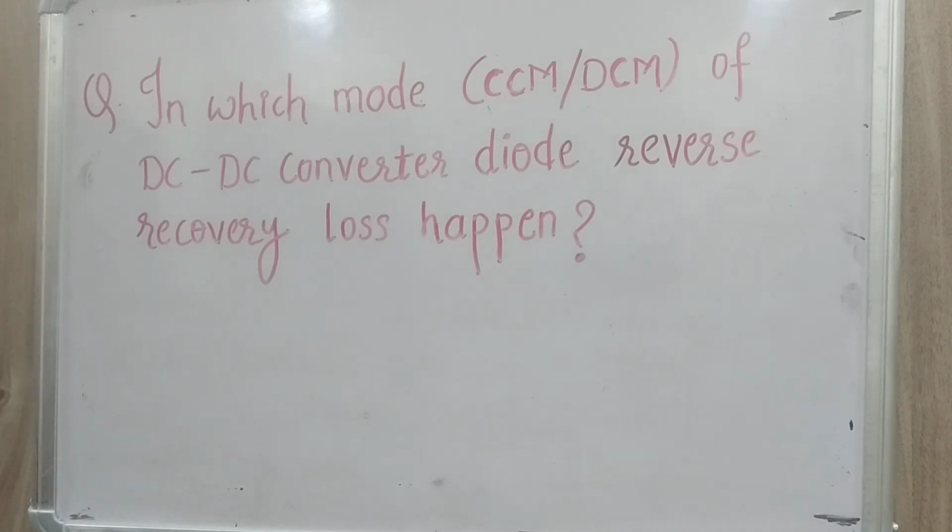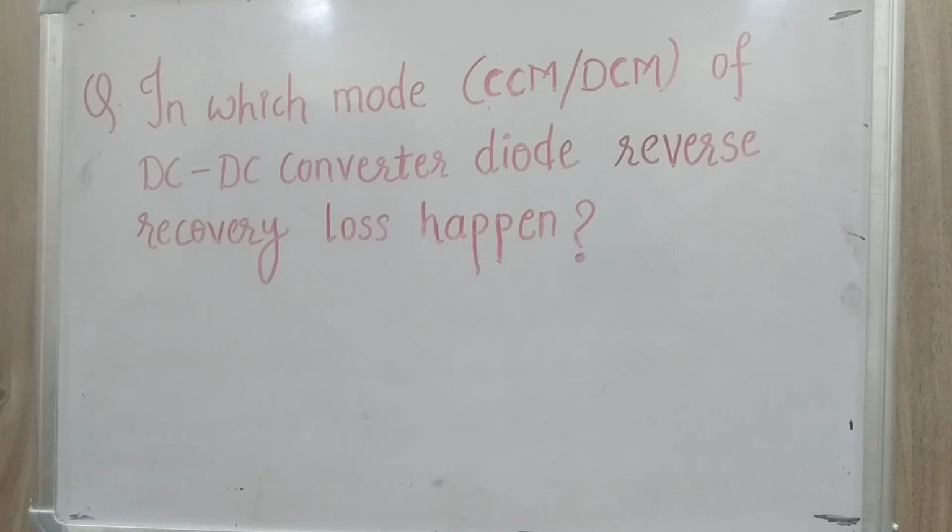Okay. So to answer this question, first of all we will see what is a diode, and then we will see what happens when we forward bias the diode, and then we will see what happens when we suddenly apply the reverse voltage to the already forward biased diode.